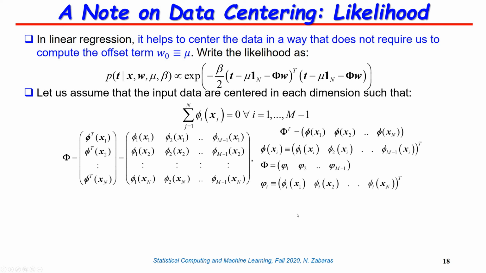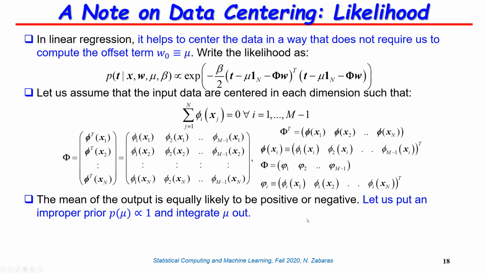Okay? All right. Now, I mentioned that to be able to compute W1 to Wm minus 1, we're going to get rid of W0 by integrating it out. And our W0 here is the same as mu. So the way we're going to do this, we're going to put effectively an improper prior, a uniform prior on mu.